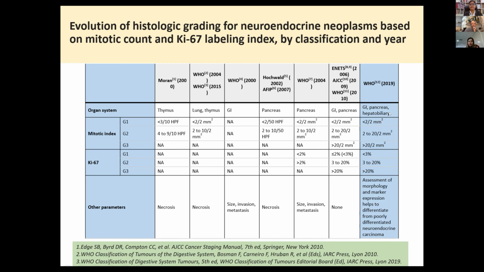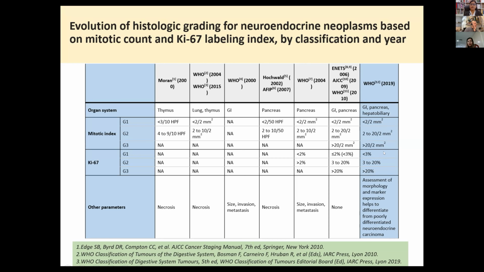And in the 2019 WHO classification, for grade 1 tumor, the mitotic count is less than 2 per 2 square millimeter. If mitotic figures are 2 to 20 per 2 square millimeter, then it is graded as grade 2.